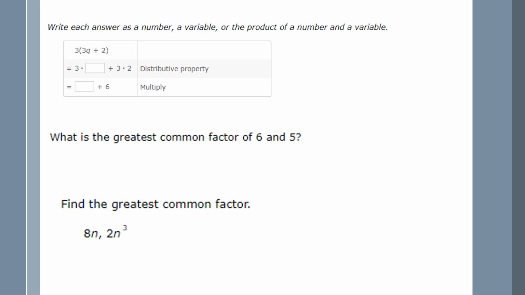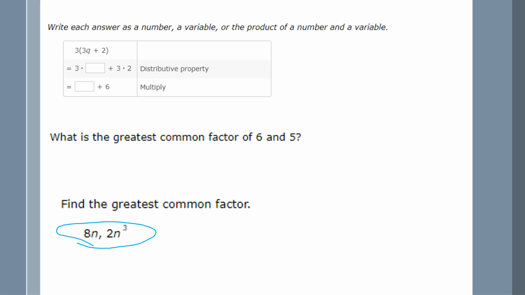So, I do want to address something right quick in here. Here, you have to try out your law of exponents knowledge. What I mean by, what is the smallest exponent do they both have in common?